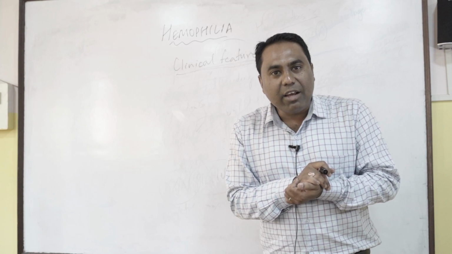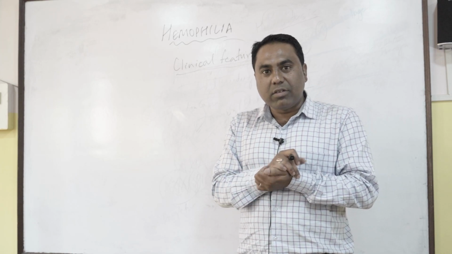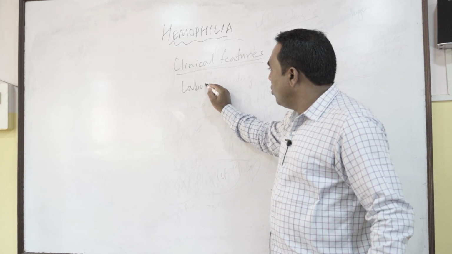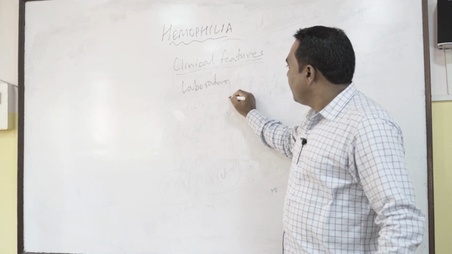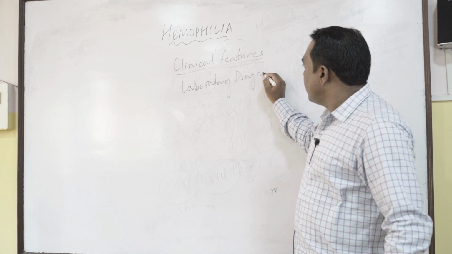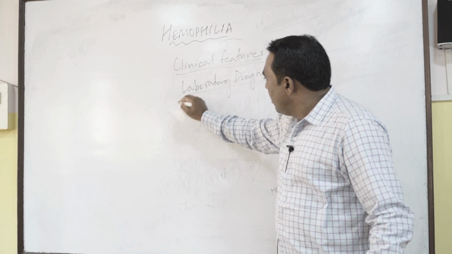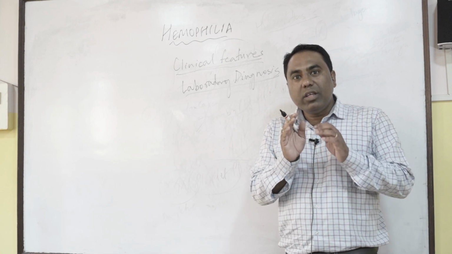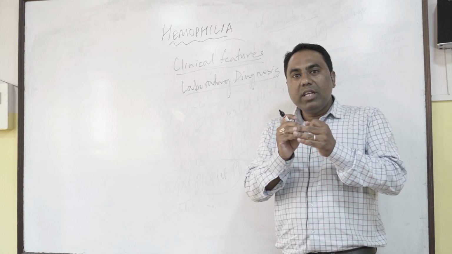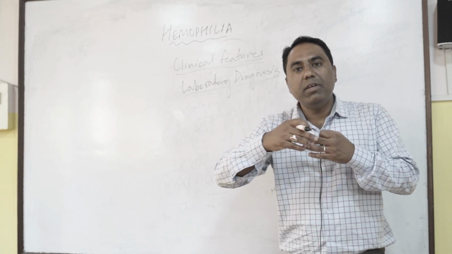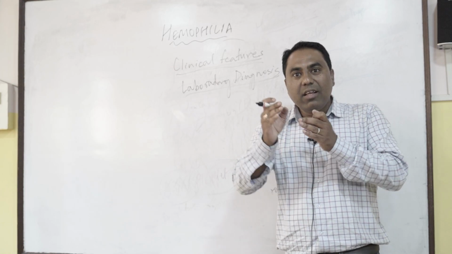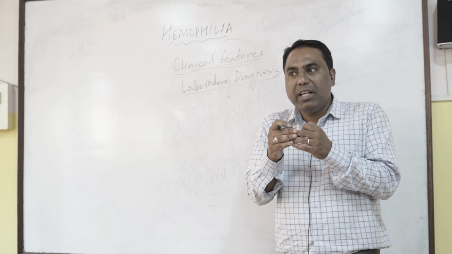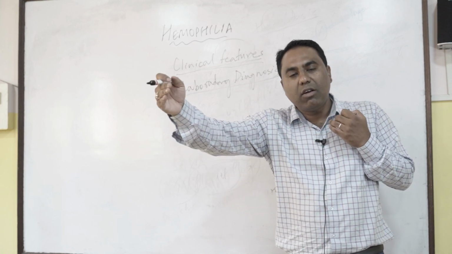So when we talk about laboratory diagnosis, a proper diagnosis, a proper kind of test needs to be done, because during hemophilia, the blood coagulation time is normally prolonged. Blood coagulation time meaning the clotting of the blood is prolonged. It does not take place at once or very quickly. It takes a lot of time, right?